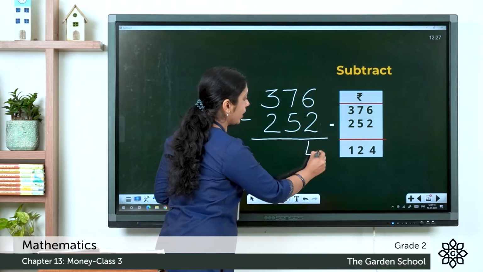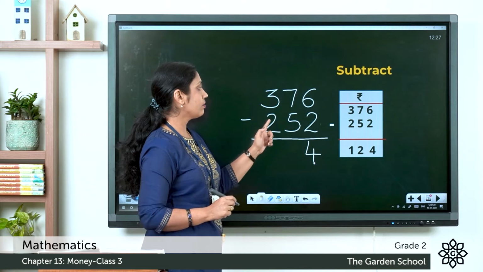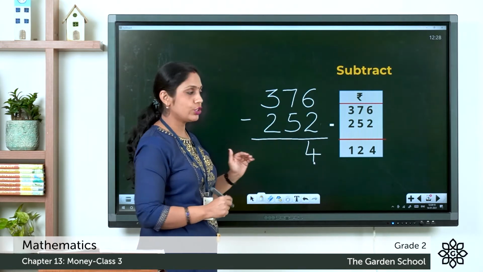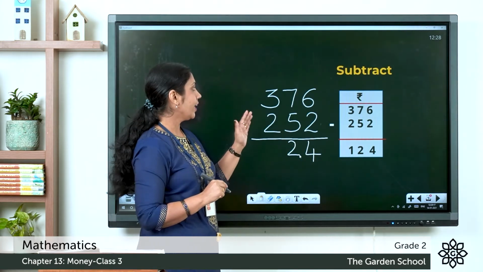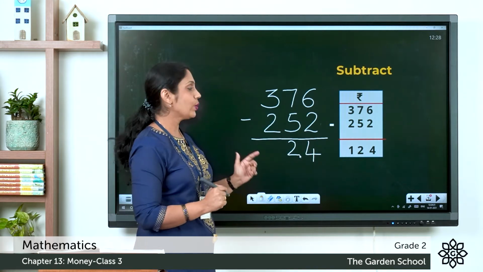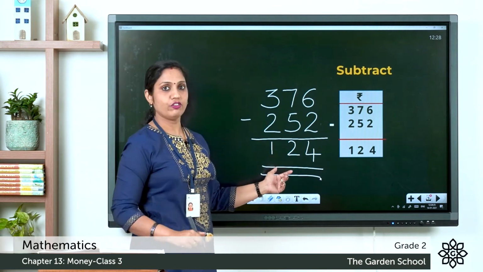So we'll write that here under the ones place. Now in the tens place we have 7 minus 5, and 7 minus 5 is equal to 2. And again in the hundreds place we have 3 minus 2. How much is 3 minus 2? It is 1. So we get the answer 124.